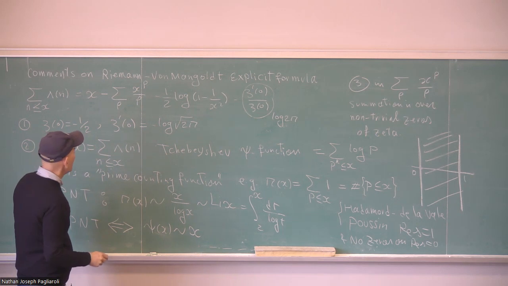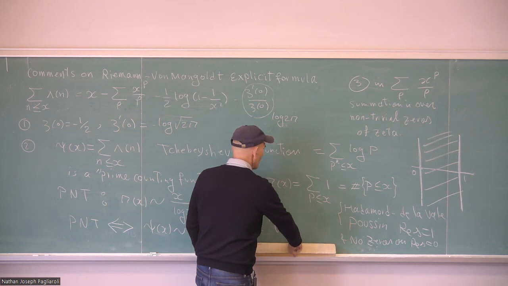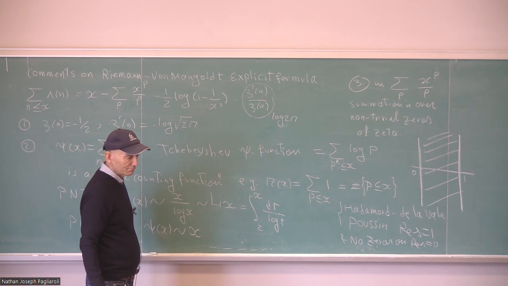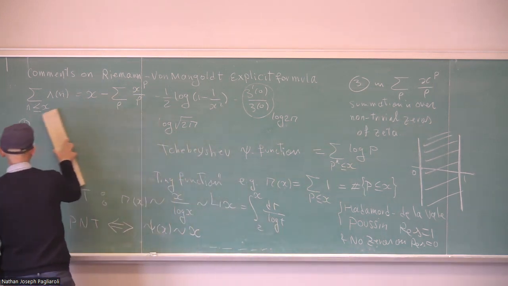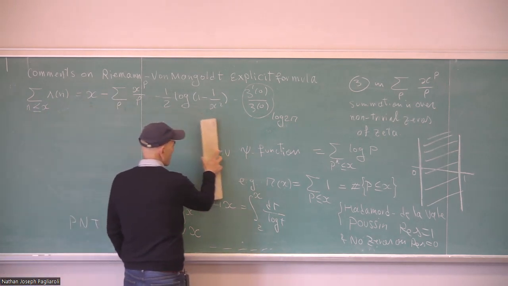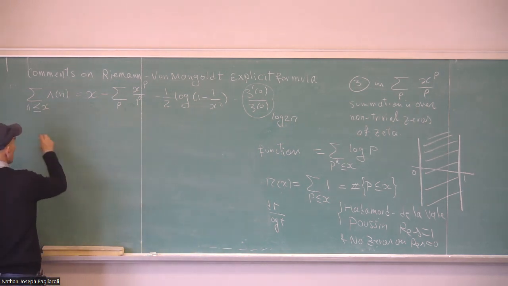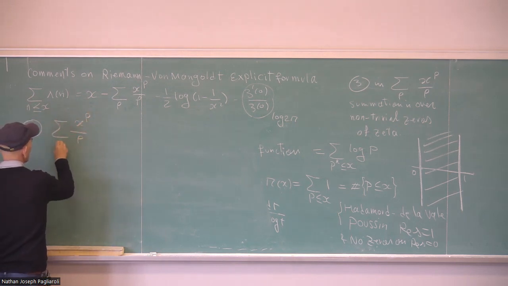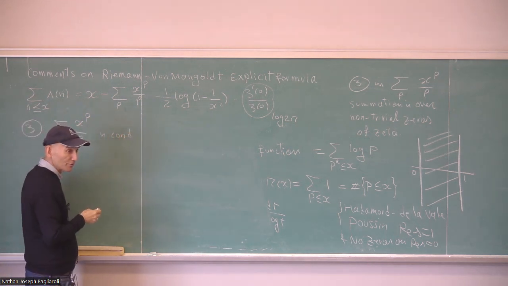Another thing is about the summability of this series. I was going to mention yesterday, the series is only conditionally convergent. That's very important. So this is still the third point. The sum of x^rho over rho is conditionally convergent. It's not absolutely convergent.